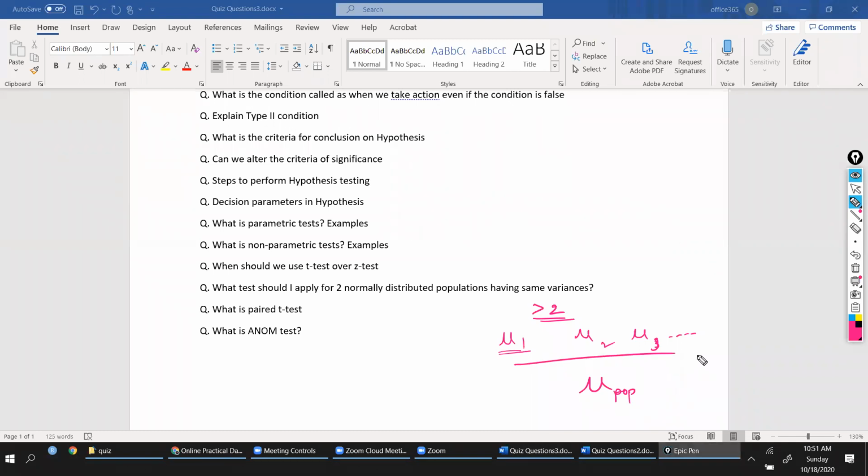When you perform ANOM, you'll get an ANOM output, a graphical representation of your population mean and your sample means. And you'll see which of these populations or samples is statistically different from the overall mean. That's an ANOM test case.